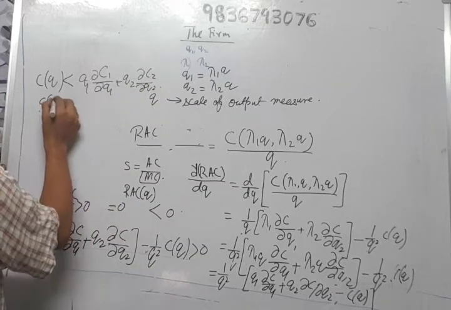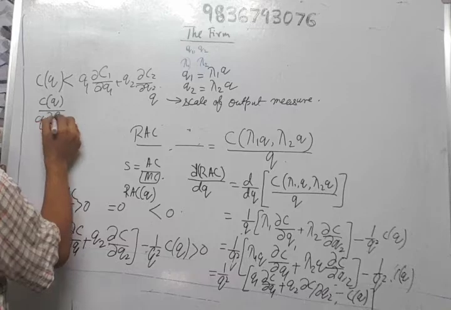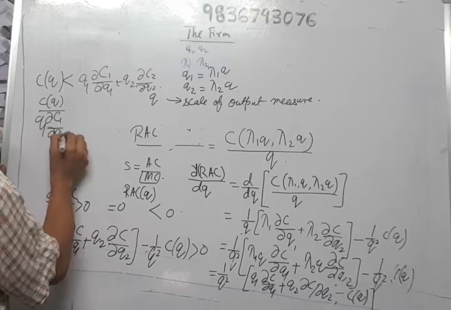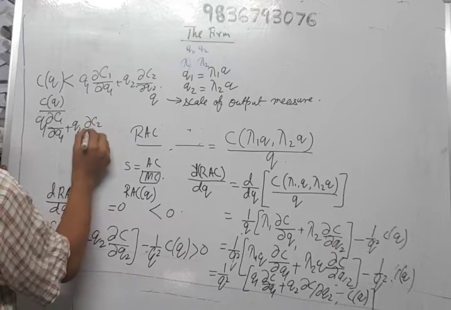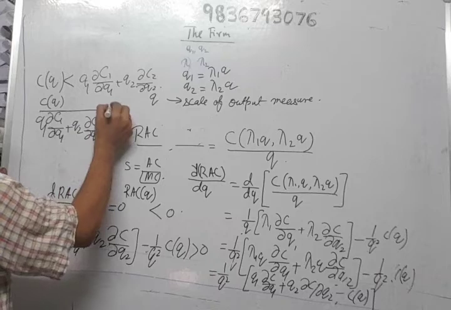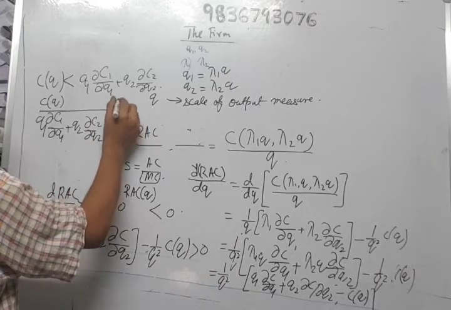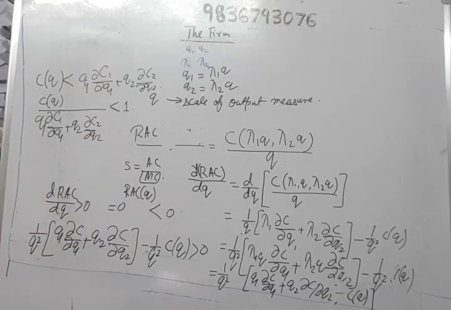That means C(Q) divided by Q1 del C1 del Q1 plus Q2 del C2 del Q2 is less than 1.